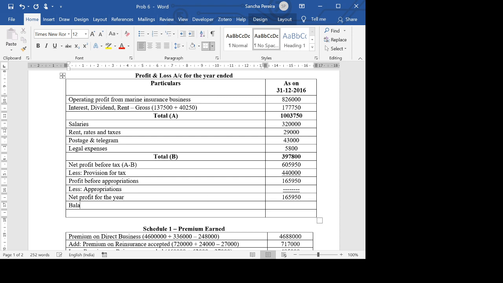In case we have a balance in the profit and loss account brought forward from last year, again, we don't have anything here. And then the final answer is the balance carried over to the balance sheet, which is 1,65,950. This is the final answer.